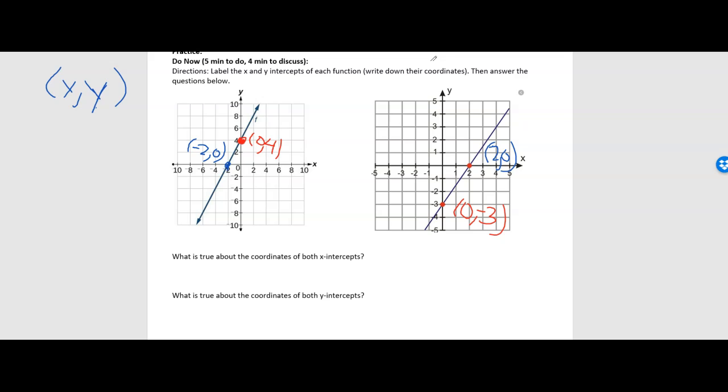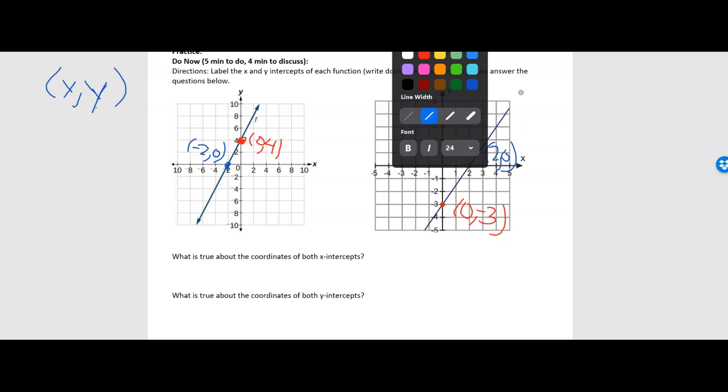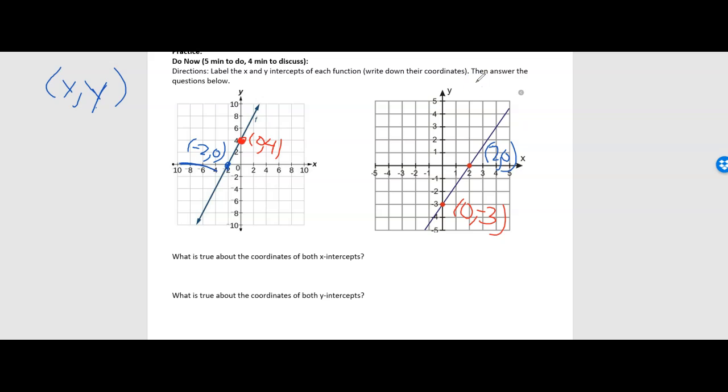First question says, what is true about the coordinates of both x-intercepts? Those are the ones in blue. If we take a look at the coordinates, we have -2 for our x value over there, and 2 for our x over here, but the y-coordinates are both 0. This is something we've talked about before.